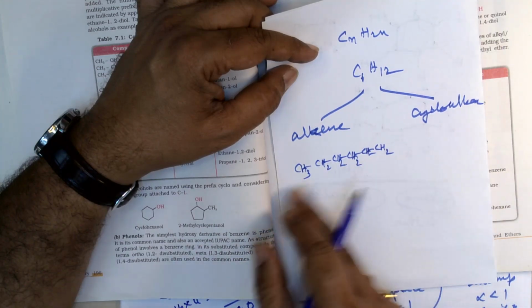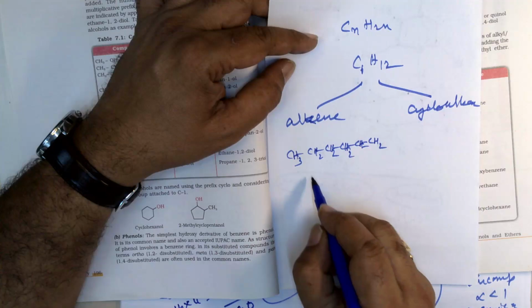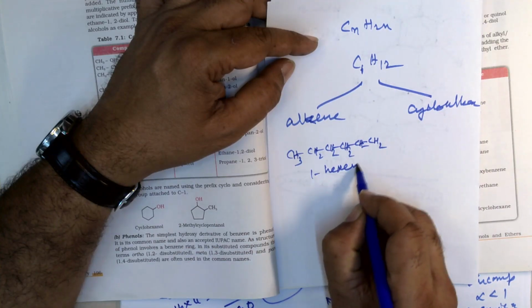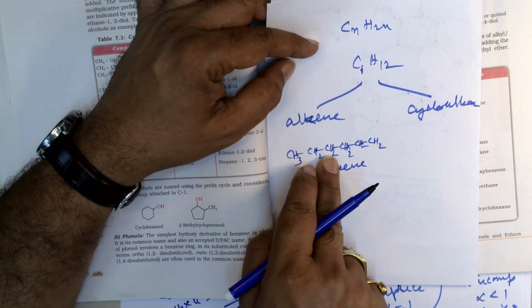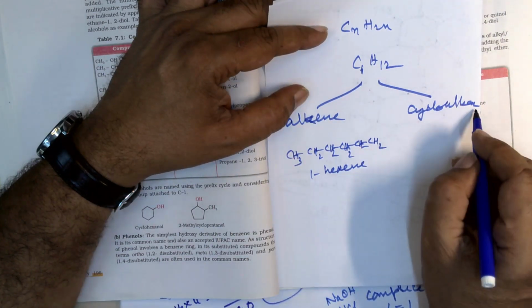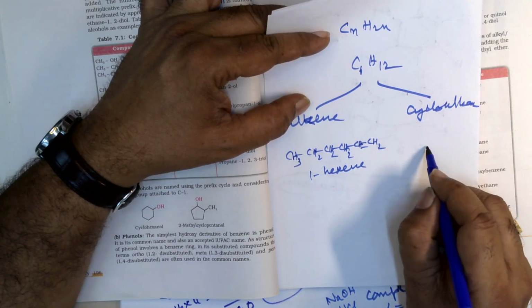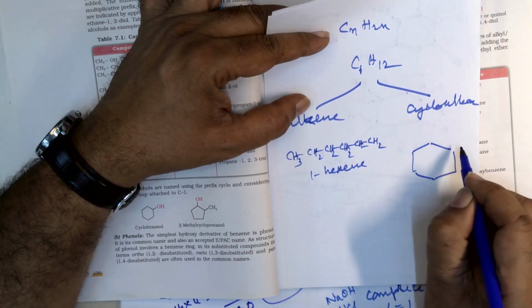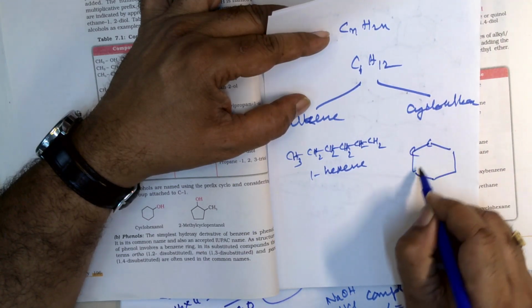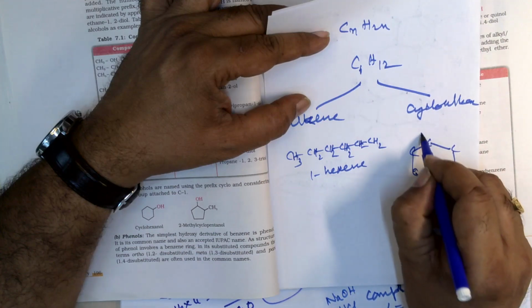Correct? So you please check it up. It gives you one hexene, right? And you can also get two hexene by dislocating the double bond, three hexene like that. But in the case of cyclohexane, you've got a cyclic ring structure like this, then CH2, CH2, CH2, CH2, right?